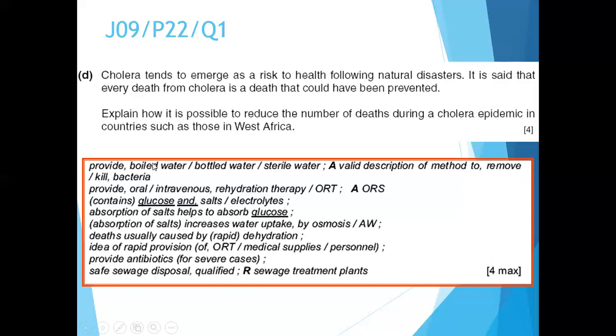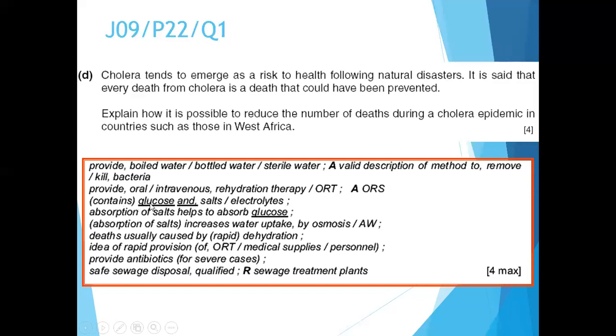So you have to provide boiled water, bottled water, sterile water, so that you can kill the bacteria. Any other valid description of methods to remove or kill bacteria, okay? Provide oral intravenous rehydration therapy. ORT is the official short form, right? You can use ORT for oral rehydration therapy, right?